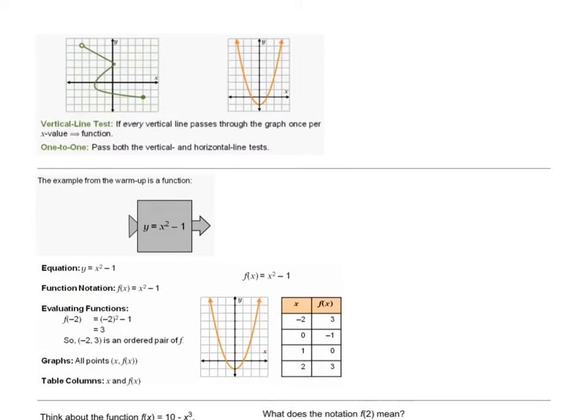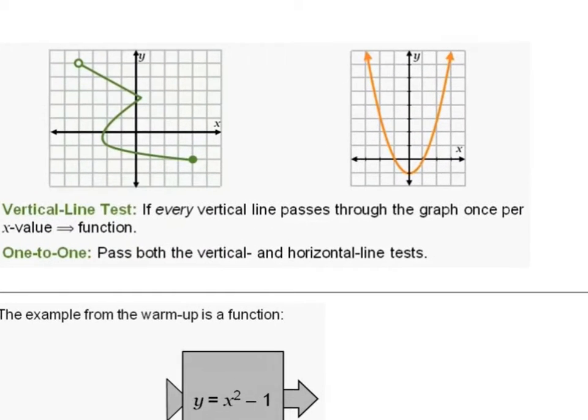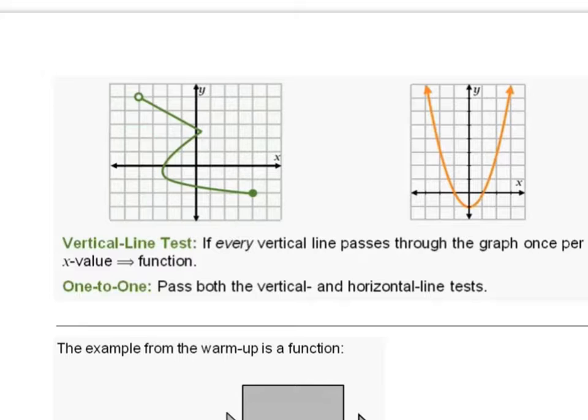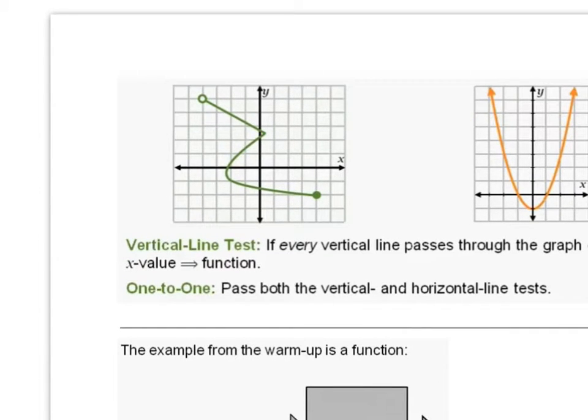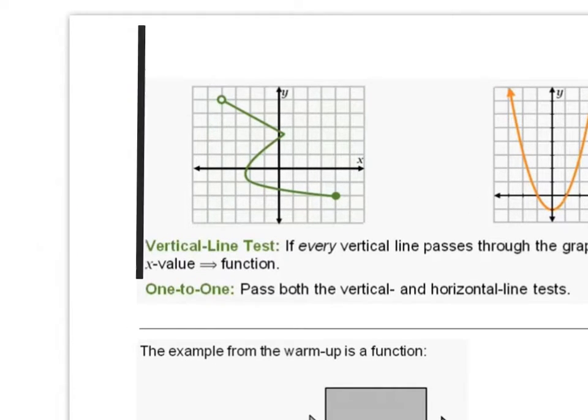All right. So this leads us to what we call the vertical line test. Okay? And so the vertical line test means that to tell if you have a function on a graph, you take a vertical line and move that line across your graph.